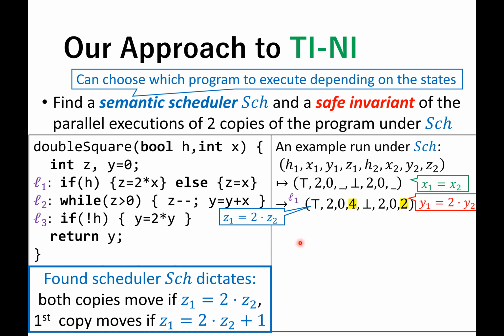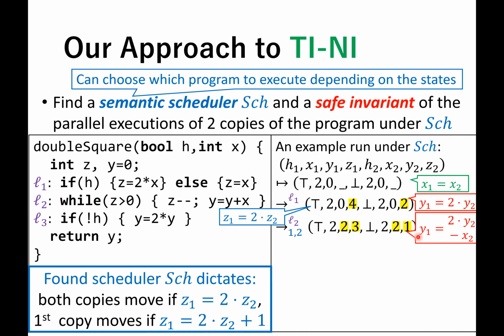And since the pair of states satisfies this condition, the scheduler schedules both copies. By executing the statement labeled L2, we obtain this updated state.